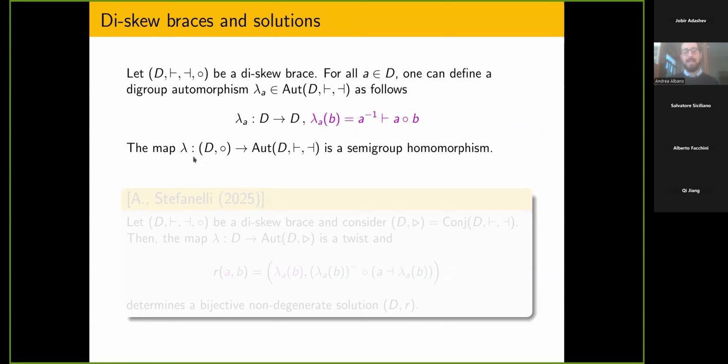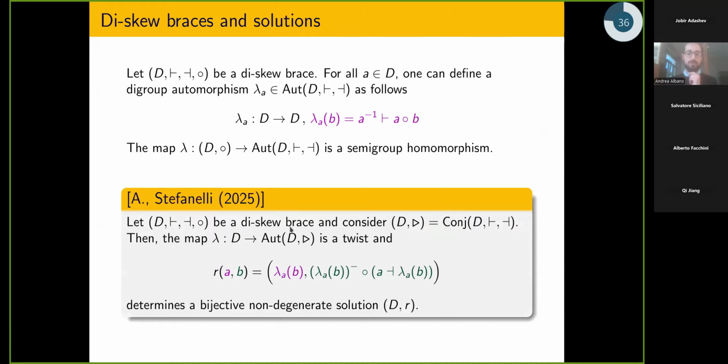If you let A vary, then we have a map, lambda, from the circle to the automorphism group of the digroup, of the additive structure. This map can be proven to be a semigroup homomorphism. And the important thing here is this. If you start from a di-skew brace, recall that we can consider the conjugation rack of the additive structure.